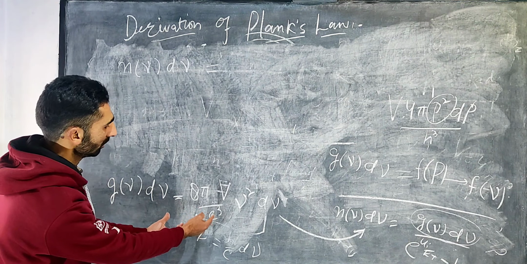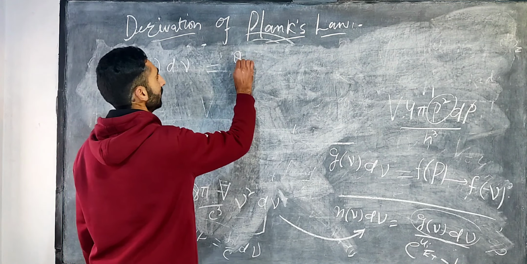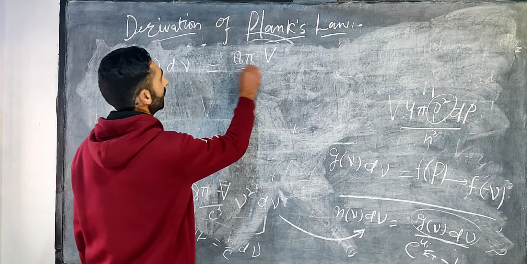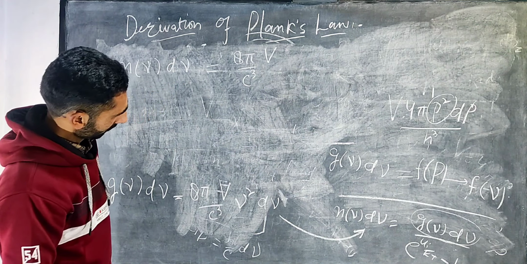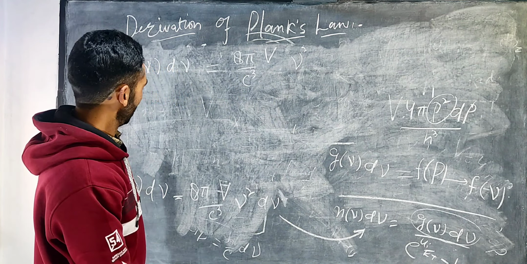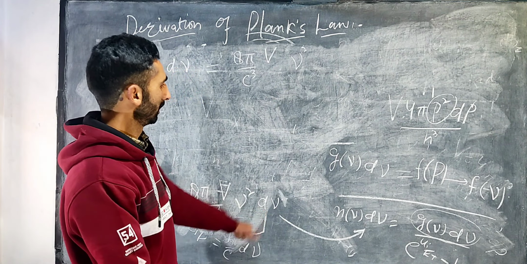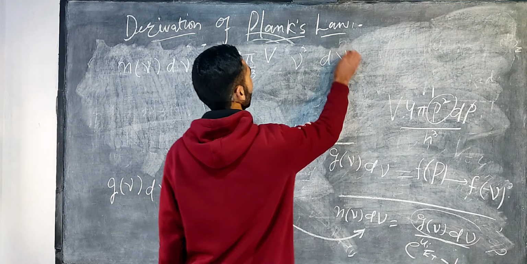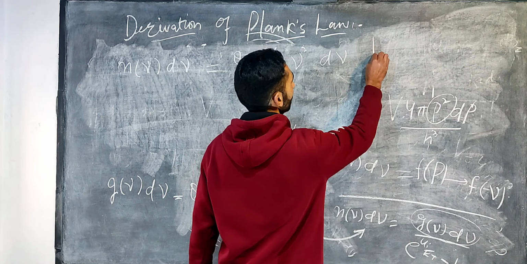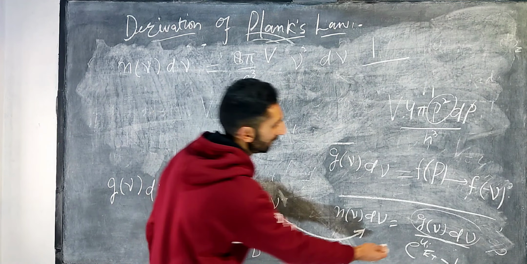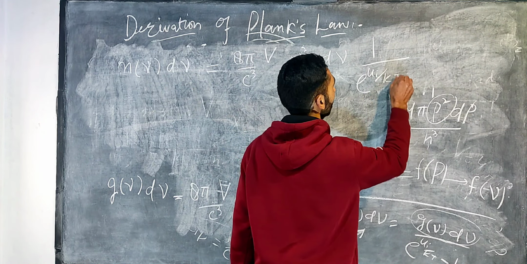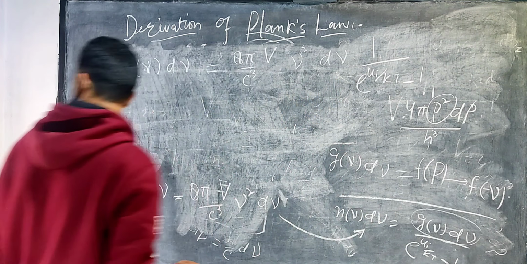G nu d nu is equal to 8 pi v divided by c cube, multiplied by nu squared d nu, divided by this, that means multiplied by 1 divided by e to the power h nu by kT minus 1.